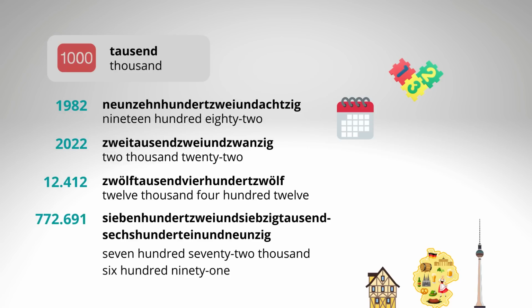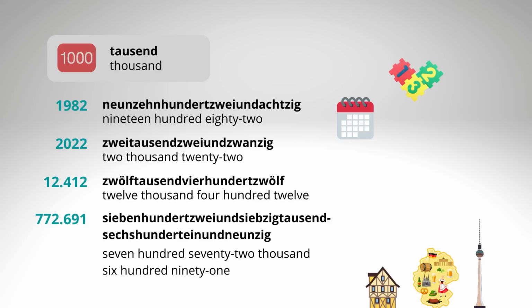If on the other hand we have the year 2022, in German that would either be zweitausendzweiundzwanzig, or zweitausend, zweiundzwanzig.